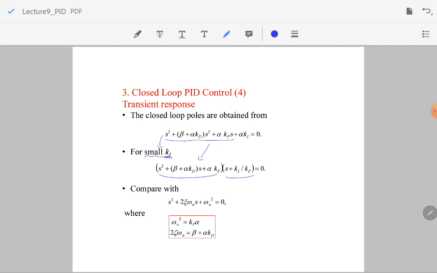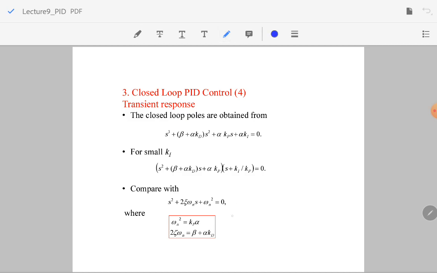And you're going to compare this with the standard second order characteristic equation, and you find that beta plus alpha times Kd is 2 times the damping ratio times omega n, and alpha times Kp is omega n squared, written right here.